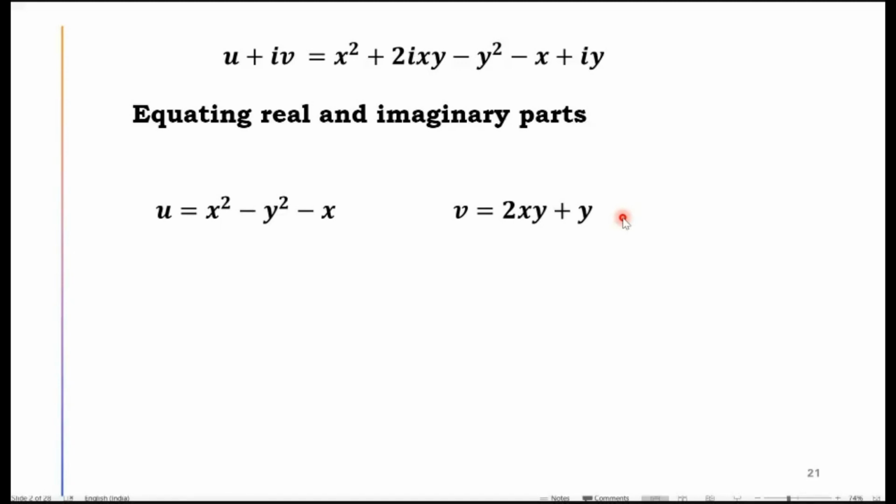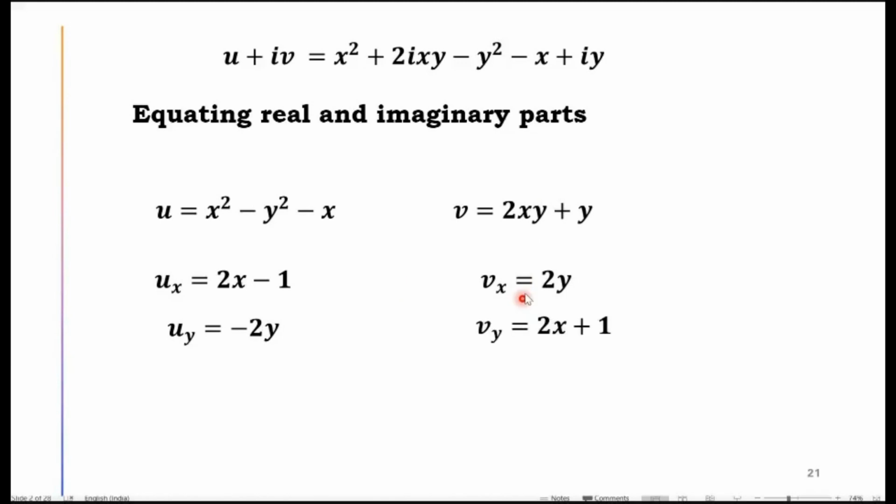Now calculate ux, differentiating u with respect to x. So 2x, this becomes 0, minus 1. uy will be minus 2y because x terms will become 0. Similarly vx will be 2y and vy will be 2x plus 1.